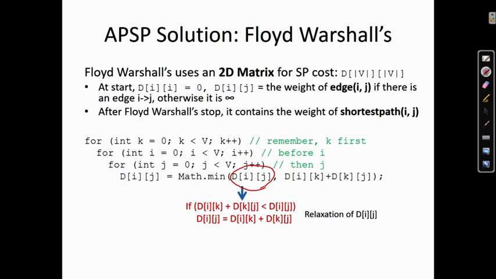Now I look at the shortest path from i to j using k as an intermediate vertex. If I use k as an intermediate vertex and I can relax the path cost for Dij, then I update it. That's what it means.